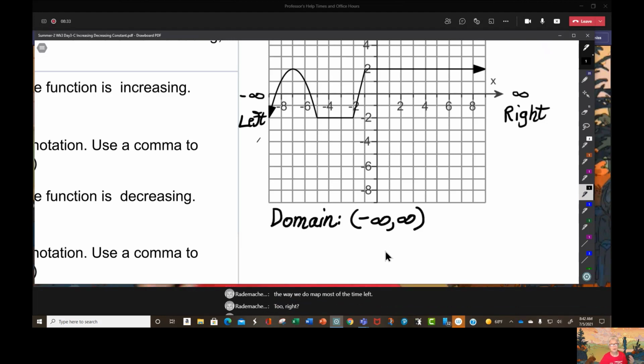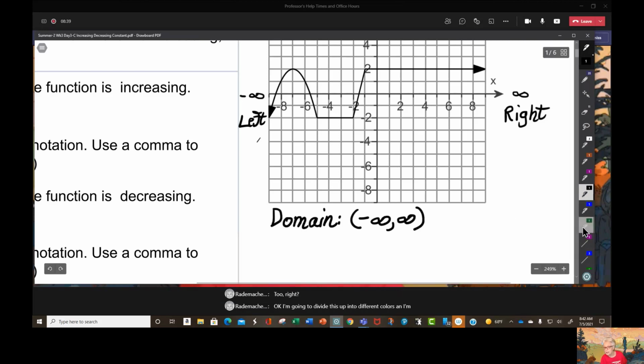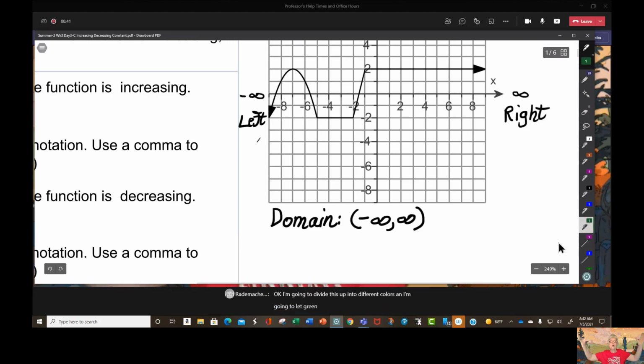Okay, I'm going to divide this up into different colors, and I'm going to let green, which means growth, represent movement up on the graph. So if we look from left to right, then this line is going up, up, up, up.